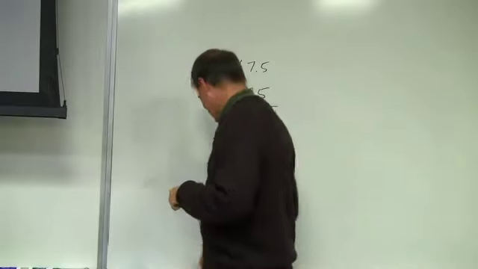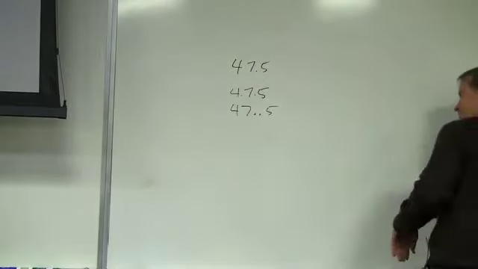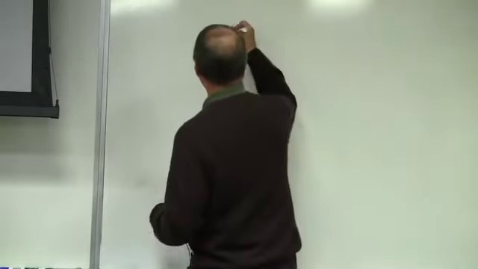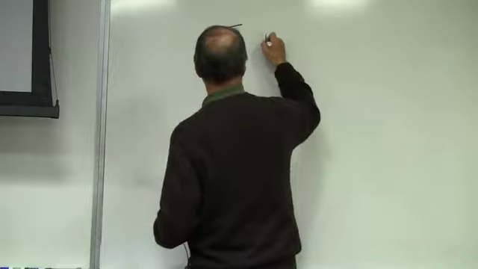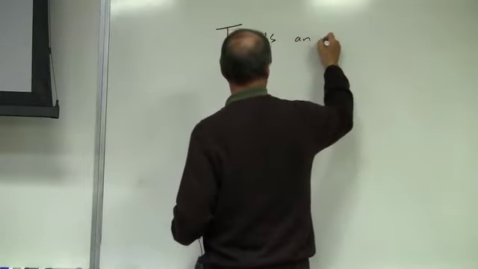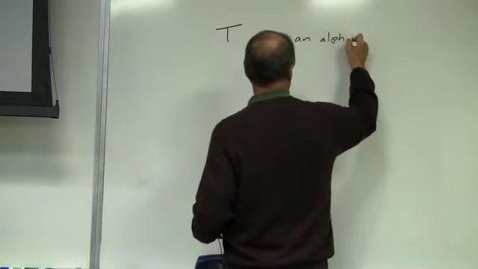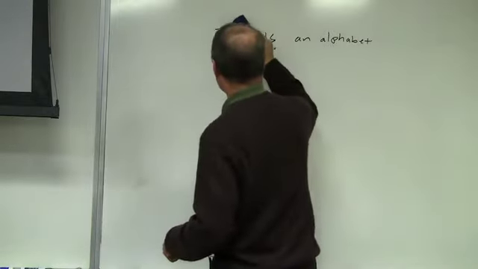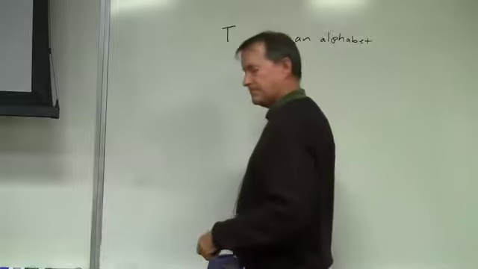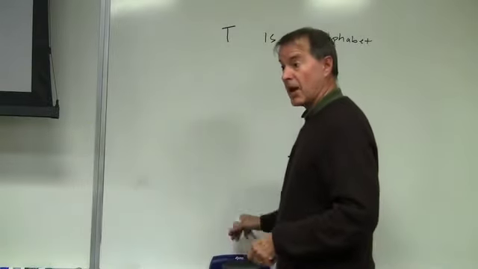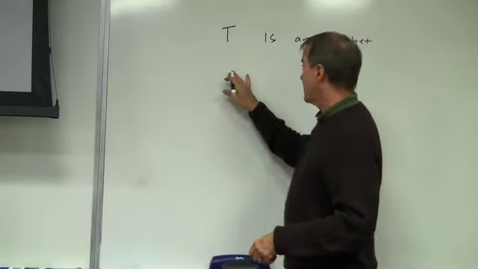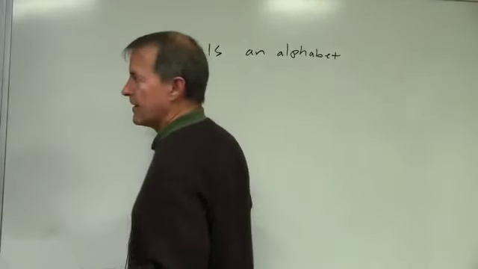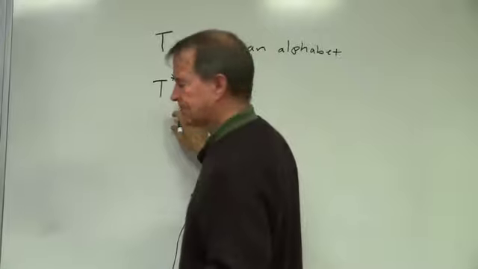Let's suppose that T is an alphabet. And what is an alphabet? It is a set of symbols, a non-empty set. So now here's what I want you to imagine. T star is called the closure.